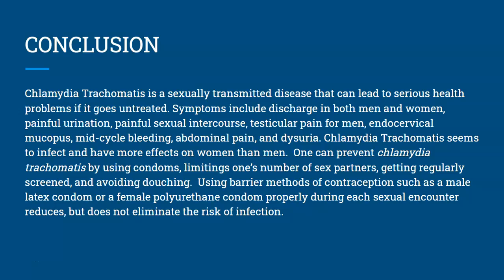This bacteria also seems to infect and have more effects on women. And one can prevent Chlamydia trachomatis, as I mentioned before, by using condoms. It is crucially important to use condoms and limit one's number of sexual partners. You should always get regularly screened and avoid douching.